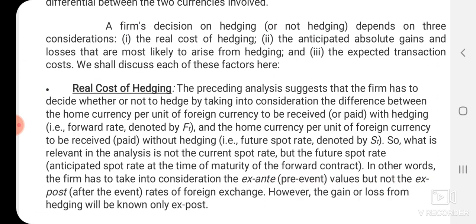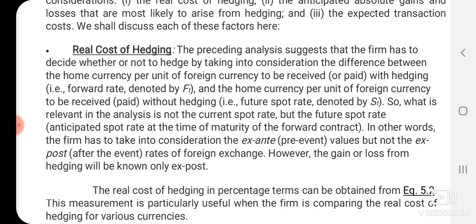The preceding analysis suggests that the firm has to decide whether or not to hedge. First of all, they should take an analysis and suggest to the firm whether we have to hedge or not. How?